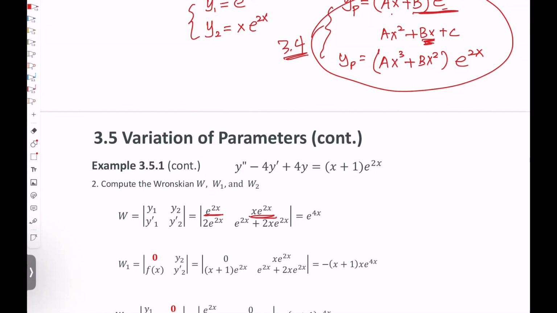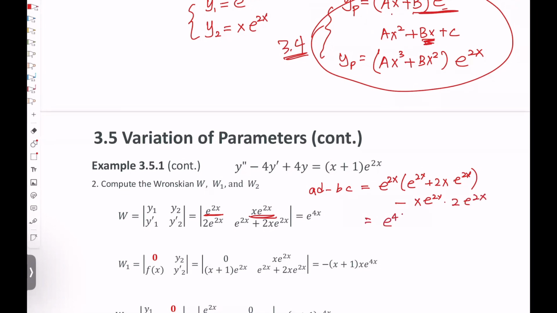So 2 e to the 2x for the first column, and the second column, the derivative of the first times the second, which is e to the 2x, plus the first times the derivative of the second, that is 2x e to the 2x, and then it's a determinant. So we need to do AD minus BC, which is e to the 2x times (e to the 2x plus 2x e to the 2x), minus BC, x e to the 2x times 2 e to the 2x.